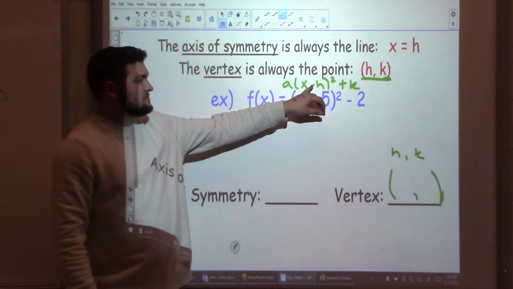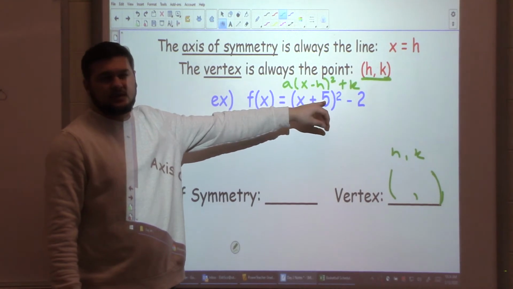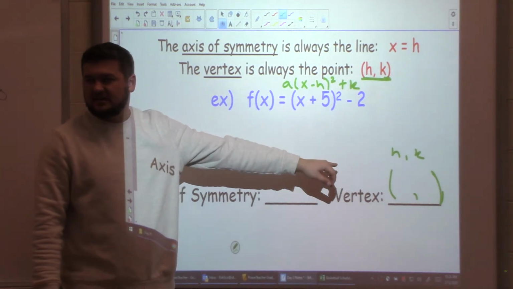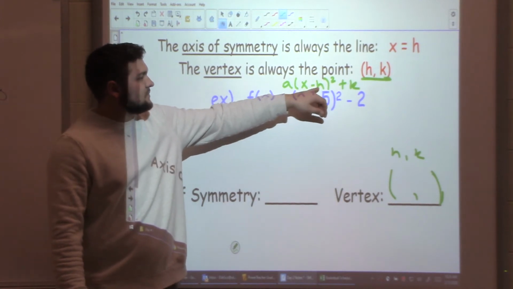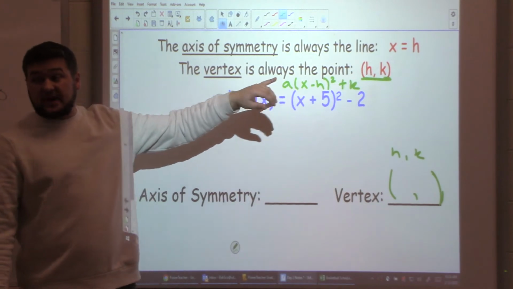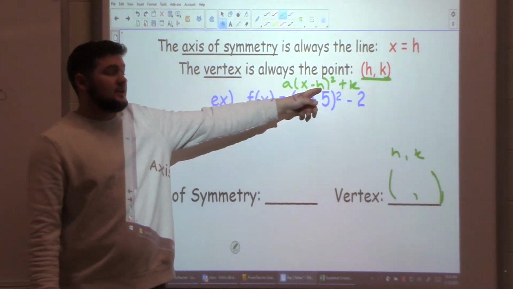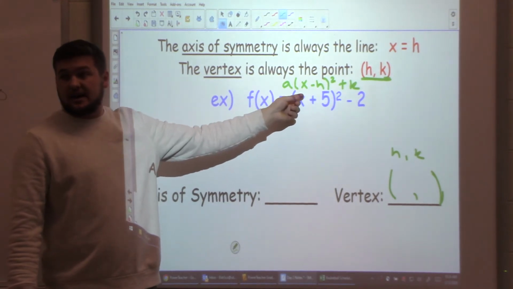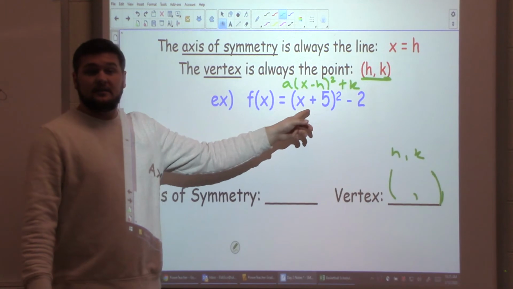Notice this says x minus h. This says x plus 5. Do you think I should just take 5 then? If I plug 5 into x minus h, for h, what do you get? x minus 5, right? Is that what I'm looking at here?